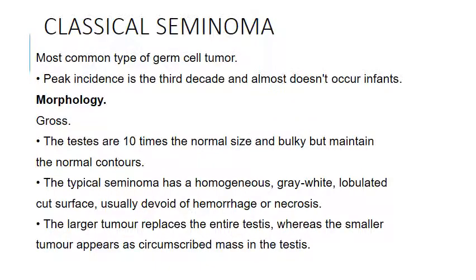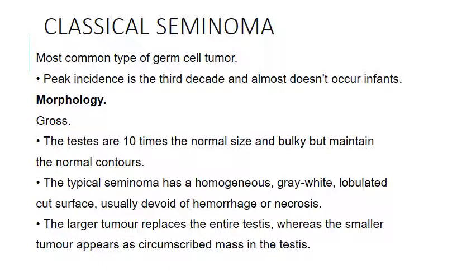The most common germ cell tumor of testis, that is classical seminoma or typical seminoma, is most commonly present in the third decade of life. Usually it is very rare in infants.